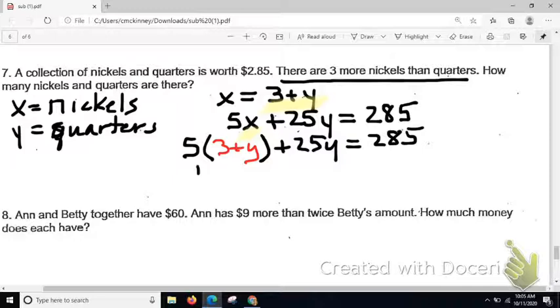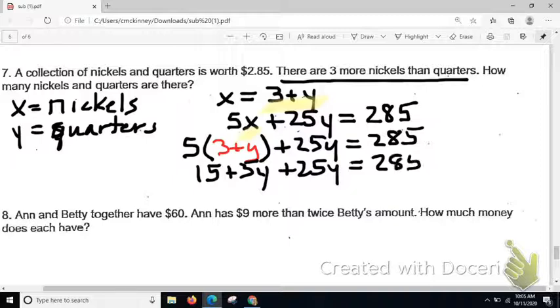So then I'm going to distribute. That is a 5 to 85. Combine my like terms.